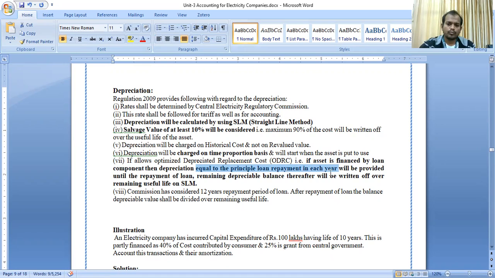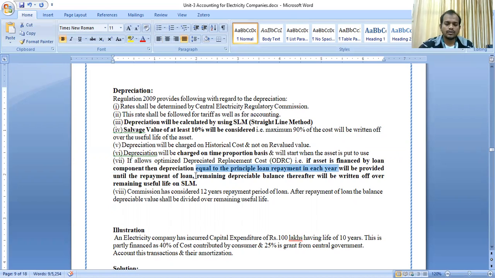Whatever the loan repayment period, we have to provide depreciation equal to the principal loan repayment in each year, and it will be provided until the repayment of the loan.